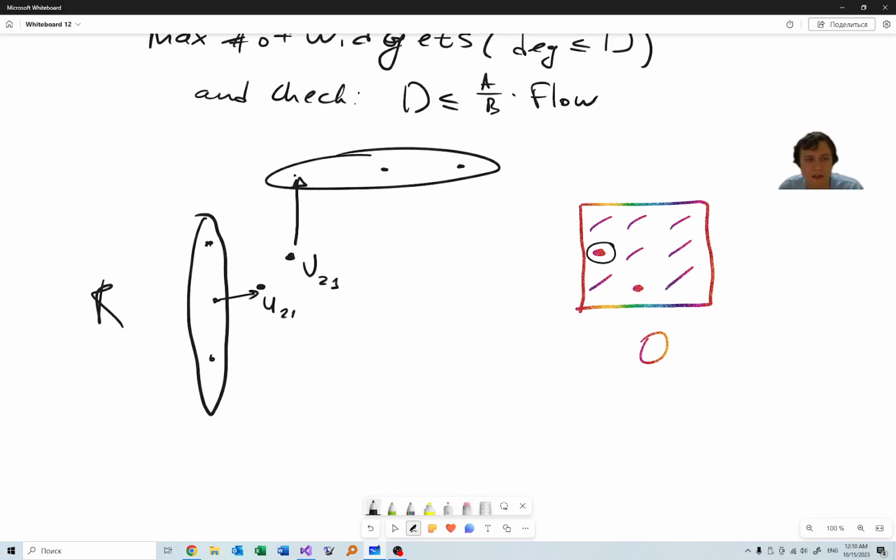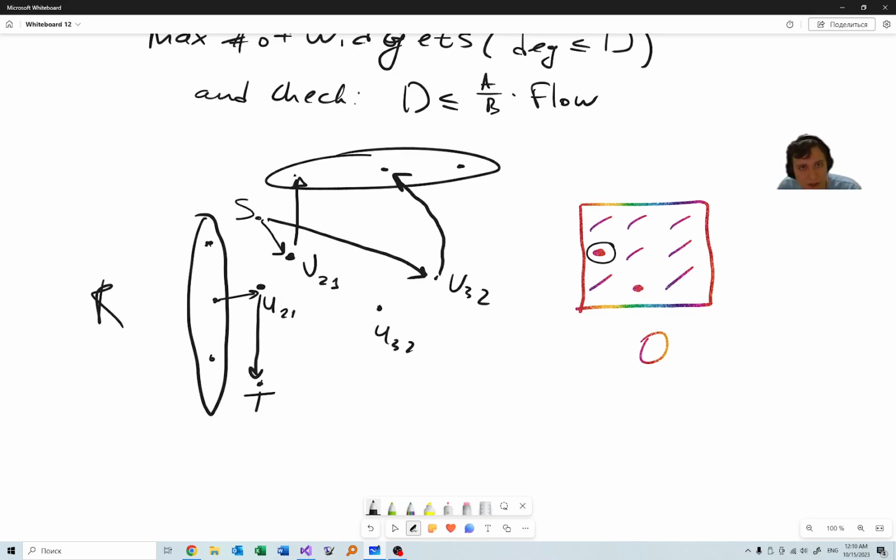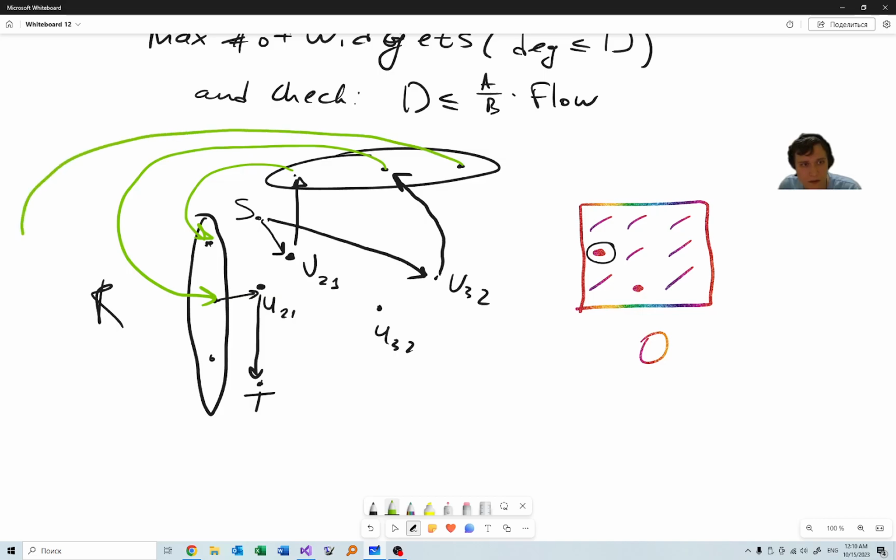We just have the source and the sink. And the same goes for this pair of edges. So we have U32, V32. We have the source to the column vertex, to the row vertex here. And finally, here we have this thing and this thing.